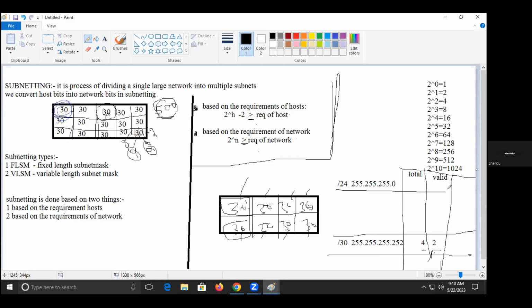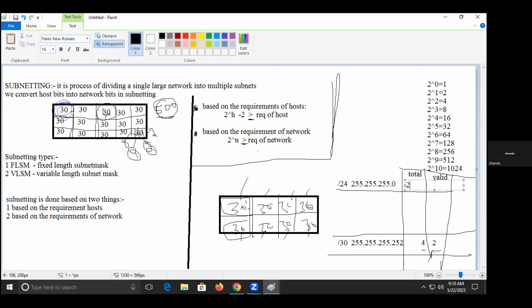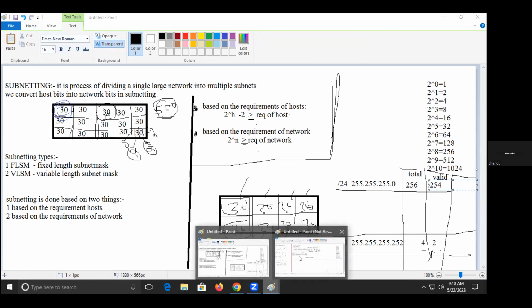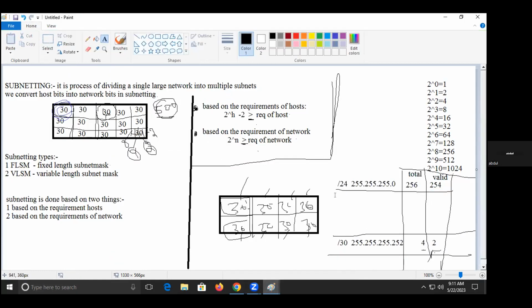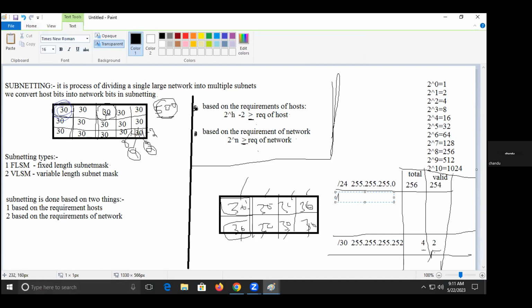In slash 24, the total is by default 256. But valid is 254 only. Why 254, sir? Why not all? One is the network ID, another one is the broadcast ID. If you observe here, slash 25 means 24 plus 1, so the total IP addresses will be 128 in slash 25.